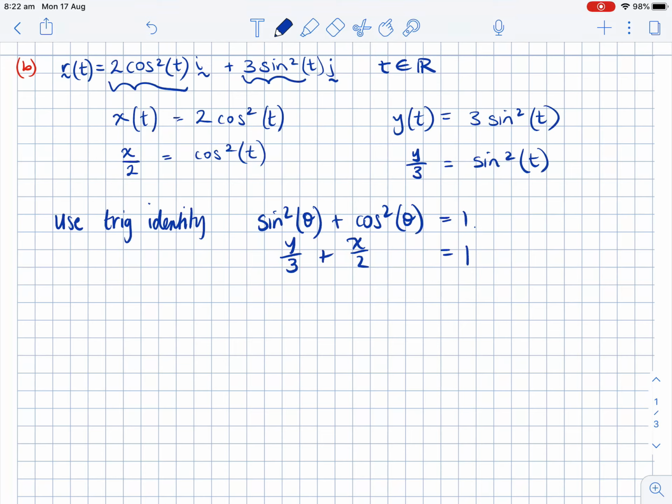And I've got my relationship set up already, except I'm not used to seeing it looking like this. Now this is actually a linear graph in intercept form, and some of you may have heard about linear graphs being written in intercept form before, but what you would more likely be used to seeing is something that looks like this.